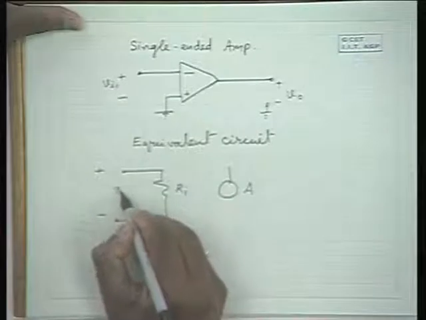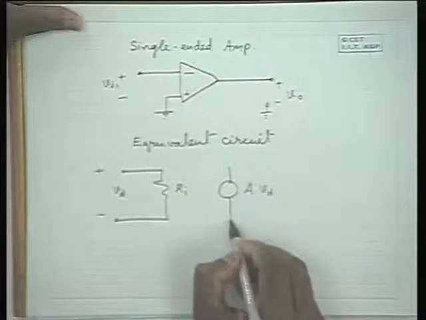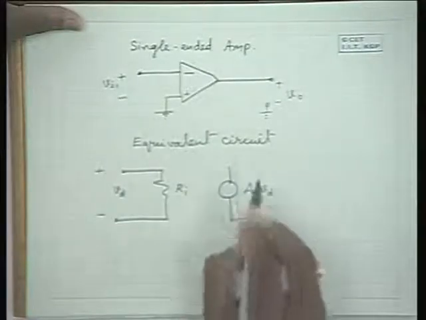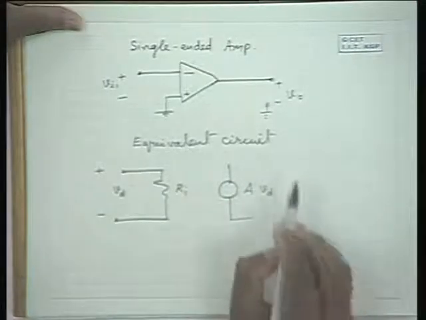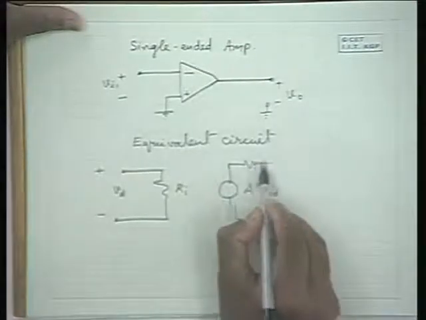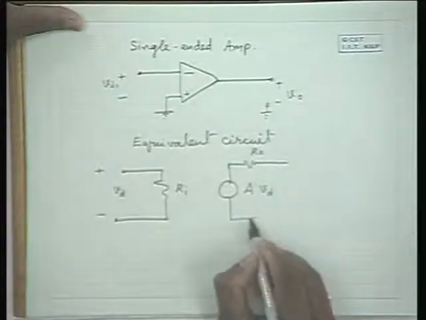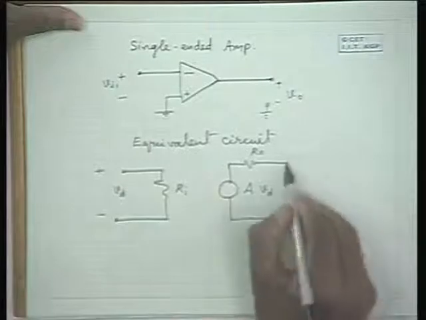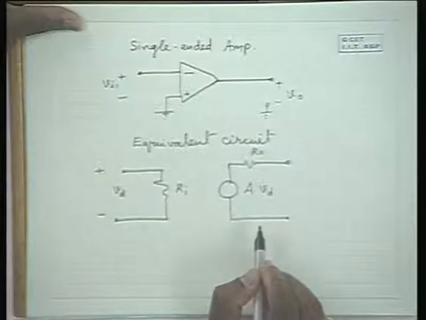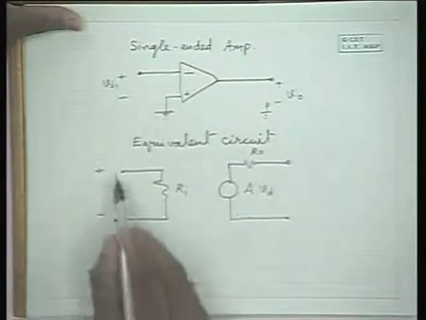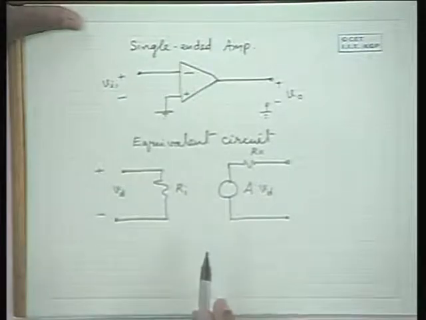If this is the difference signal Vd, AVd is the output voltage, and the output voltage is not independent of load, because it has some small output impedance. So, the output side equivalent circuit is like this. This is the equivalent circuit of an operational amplifier, and please note that the input can be isolated from the output terminals.